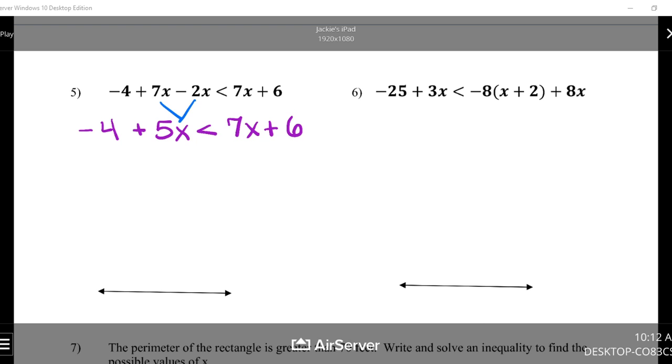Okay, so now we want to collect variables to one side, constants to the other. I'm going to choose to collect variables to the left. So to do that, I'm going to subtract 7x to be able to move that 7x term over.